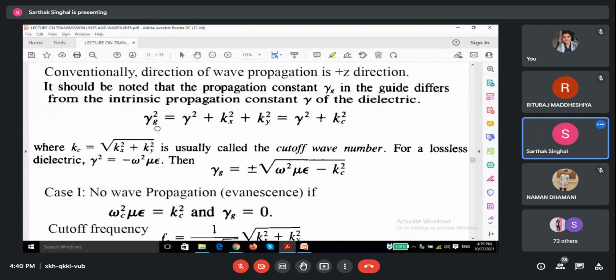And these two terms are combinedly called Kc, which is the cutoff wave number.